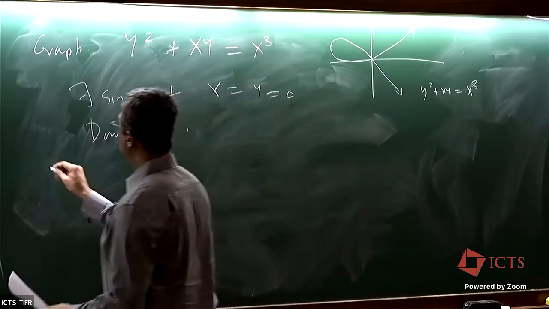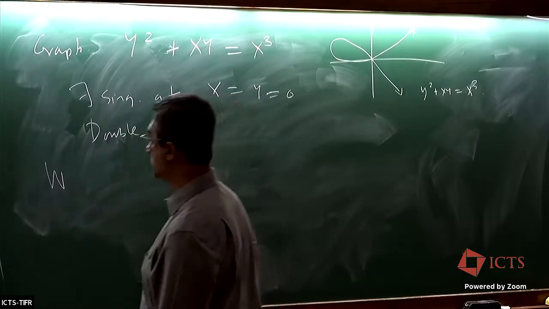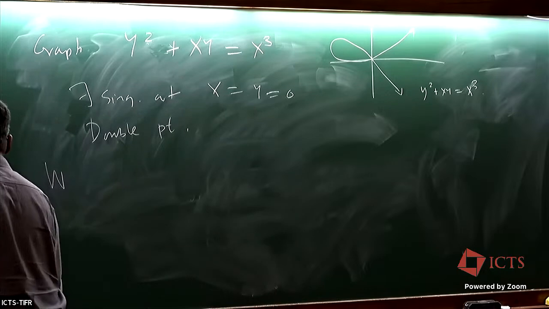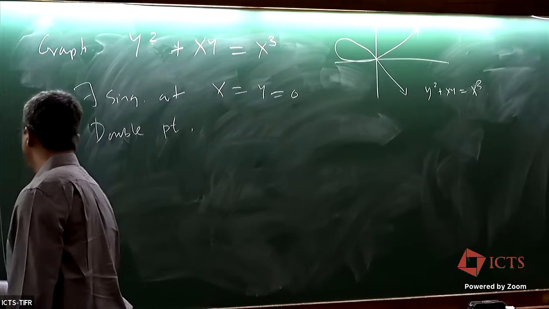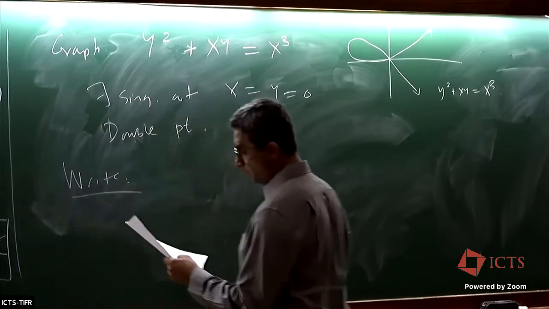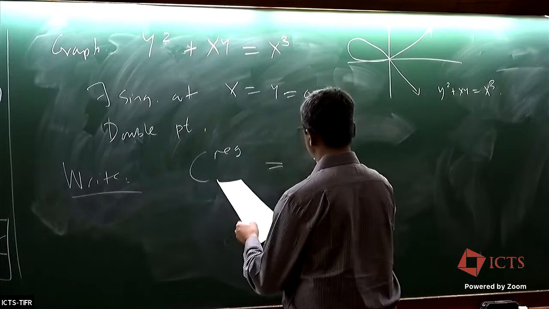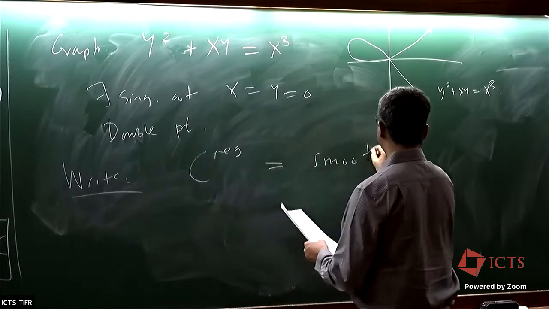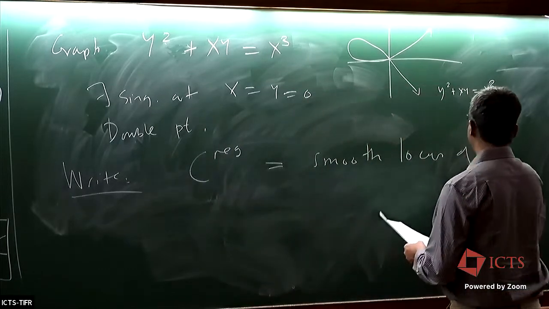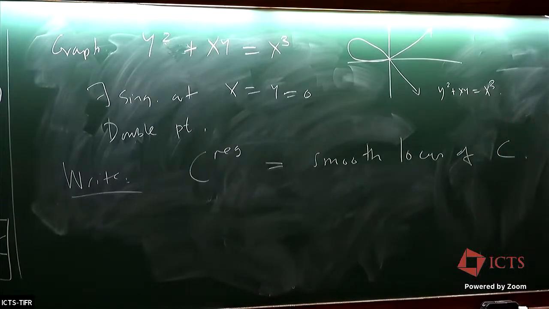So let's write, did I call the curve C? No, I didn't. It degenerates to this. Let's give it a name, C. So let C reg be the smooth part. So now you have P1 and you've taken away 0 and infinity, so you're left with G_m basically.